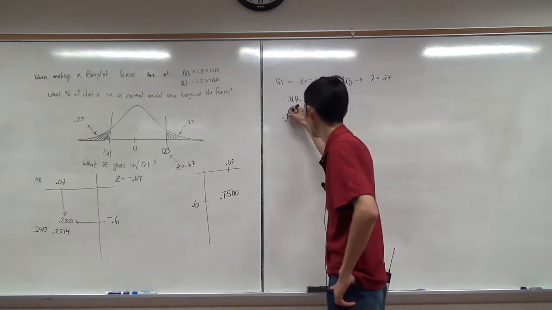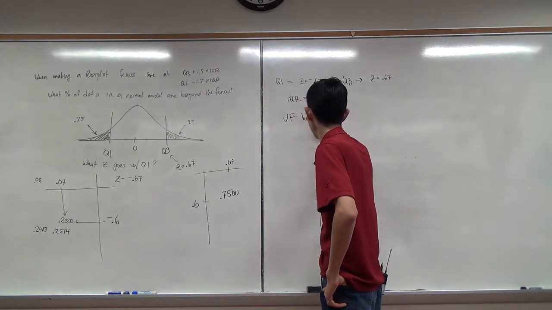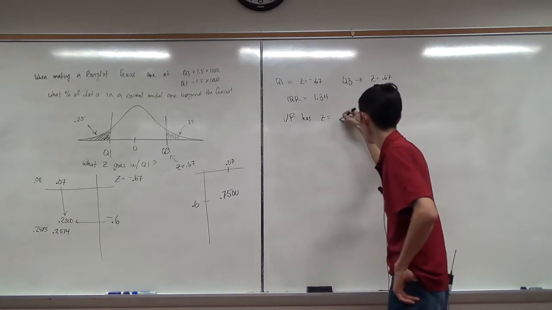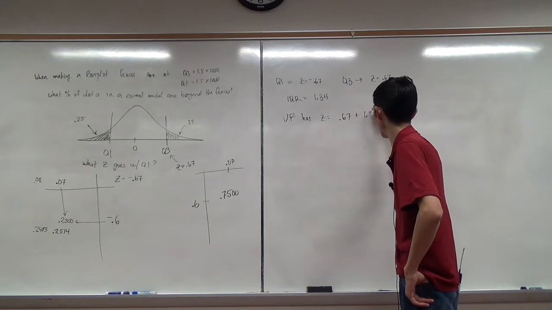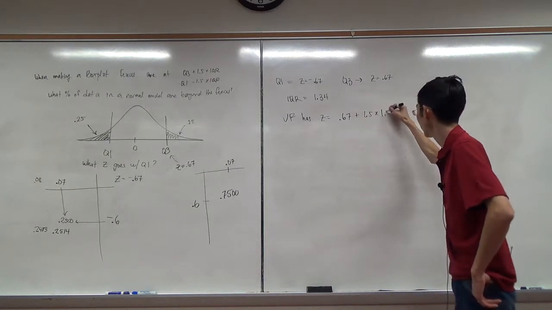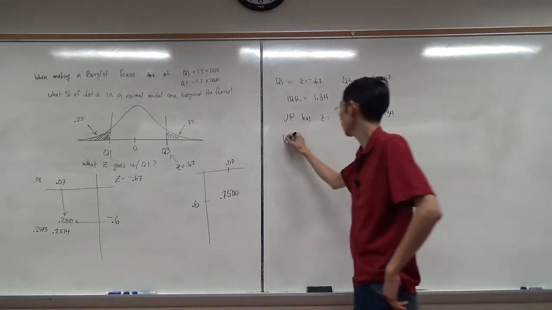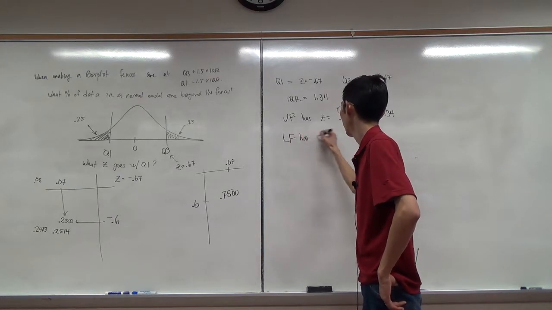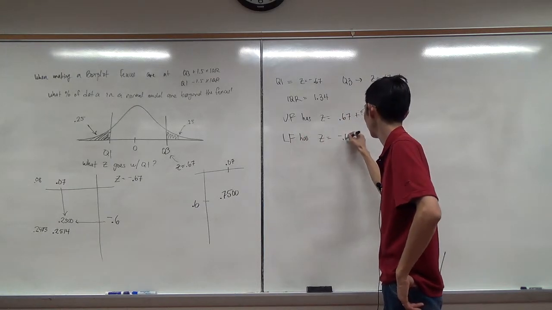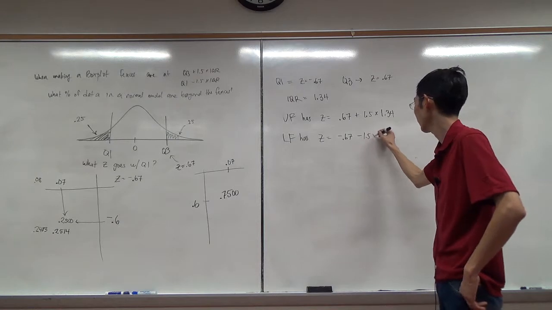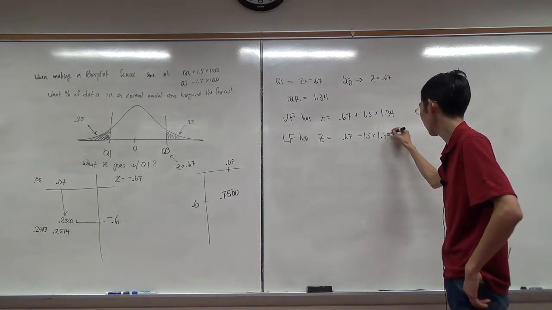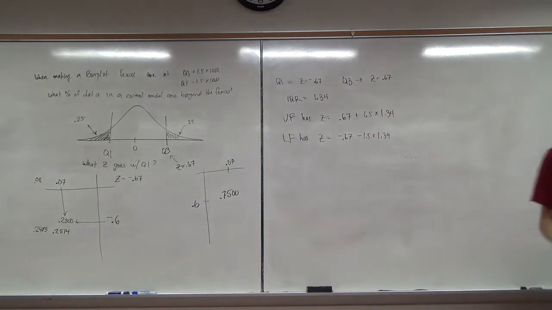My upper fence has z-score equal to positive 0.67 plus 1.5 times the IQR of 1.34. The lower fence has a z-score equal to negative 0.67 minus 1.5 times the IQR of 1.34. In other words, it's just a negative version.